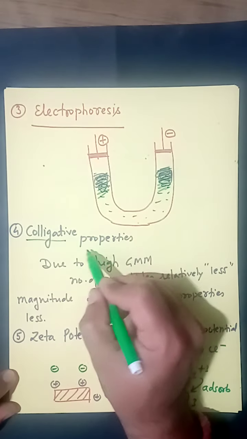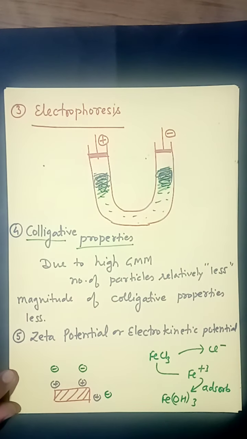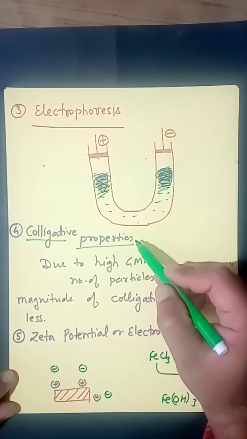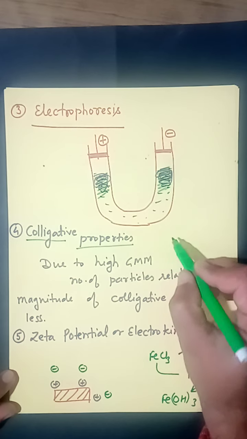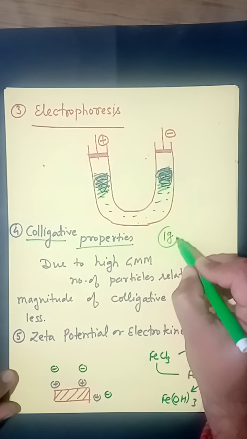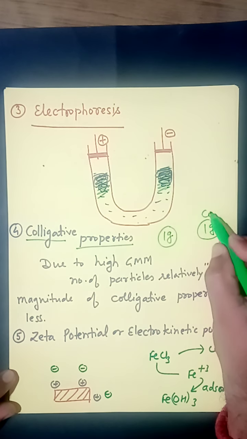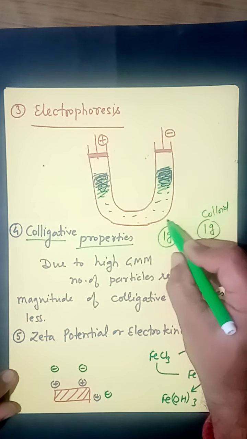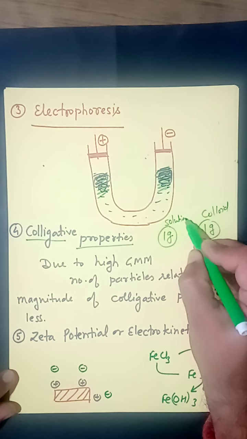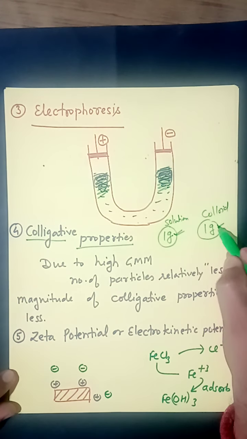The fourth property of colloid is that it is a colligative property. You know colligative property, you have learned in solutions earlier. It is the property which depends on the number of particles. Now suppose you have 1 gram of particles of a true solution and 1 gram of colloid.